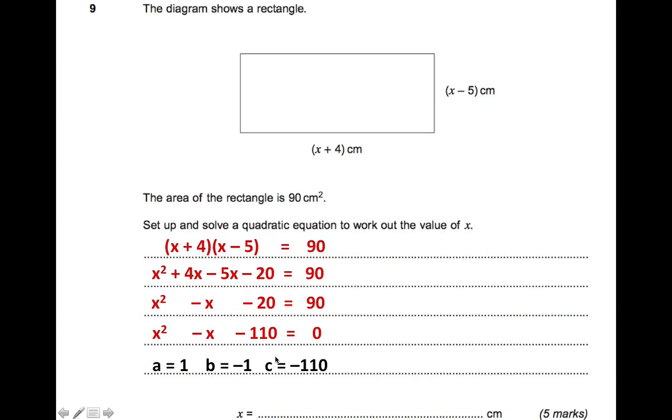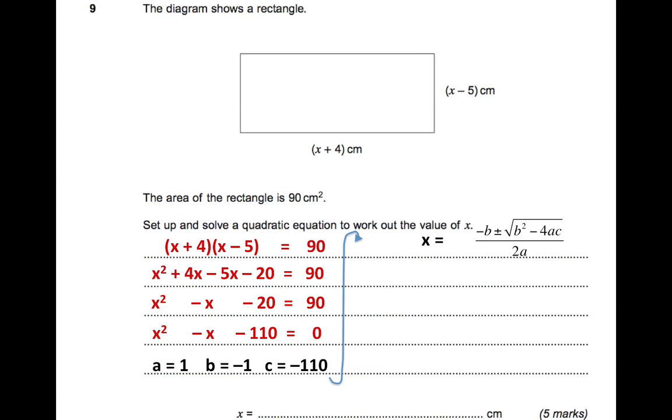So a general quadratic is ax squared plus bx plus c equals 0, which is why we put it equal to 0, so that it fitted the general pattern, and then we could apply the formula, minus b plus or minus square root of b squared minus 4ac over 2a. That formula will tell us what x is.